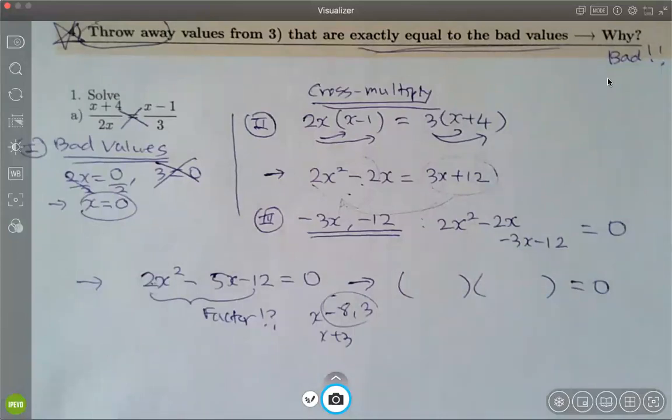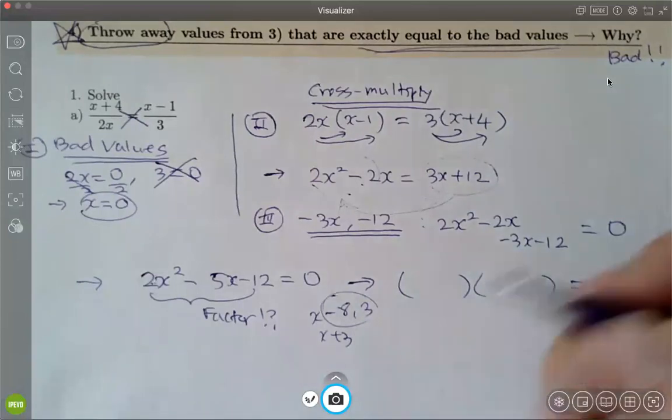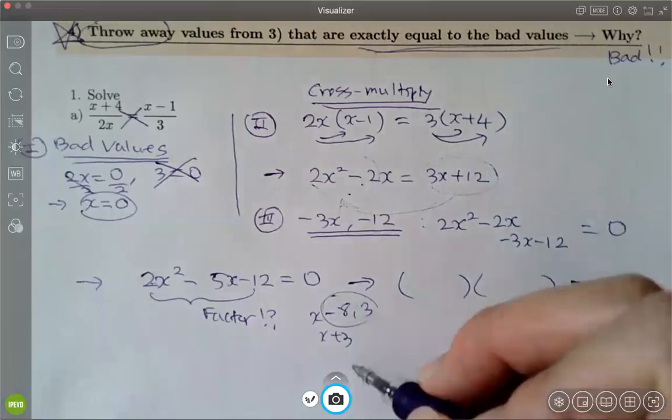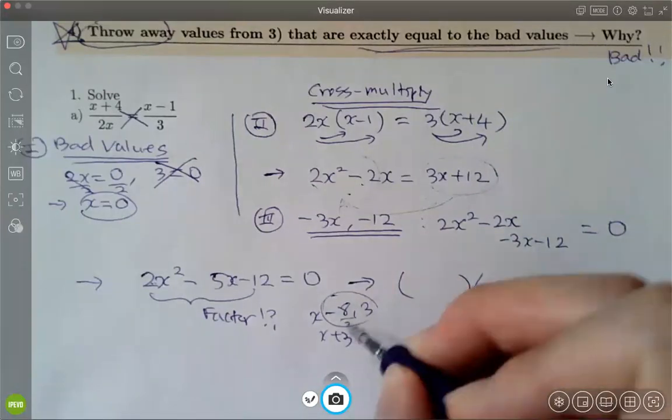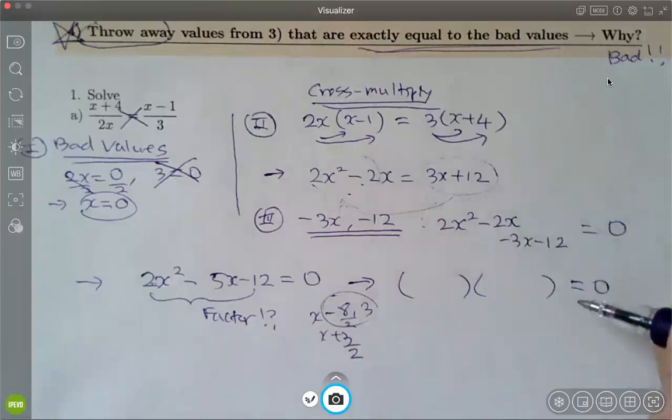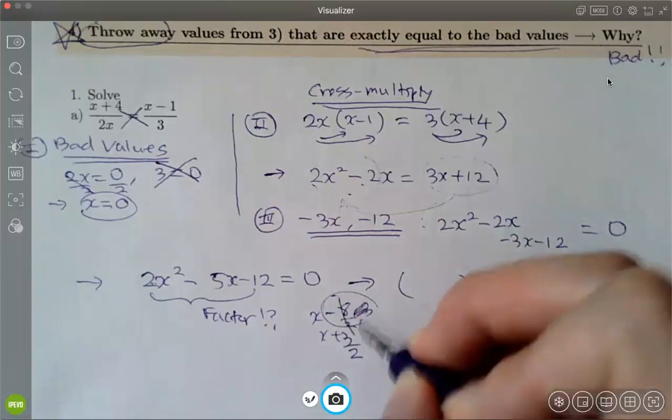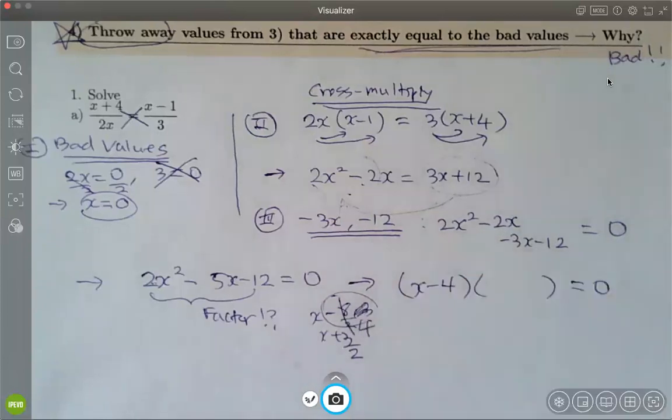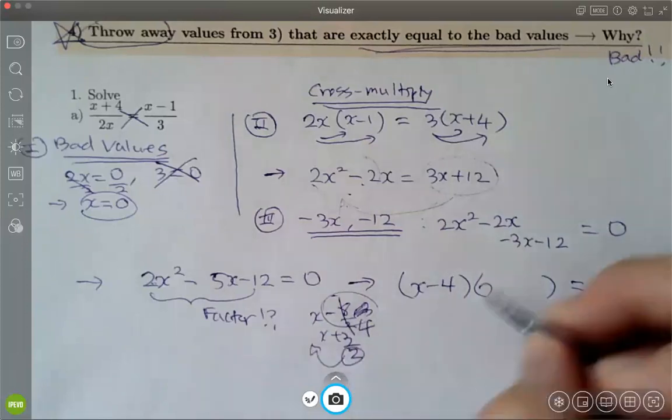So from x minus 8 and x plus 3, if you want to use Mustang method, you have to divide 8 and 3 by 2, and then reduce the fractions. So you get 4 here. So x minus 4 is one of the factors. And then for this one, you have to move it to the front of x. So you get 2x plus 3.